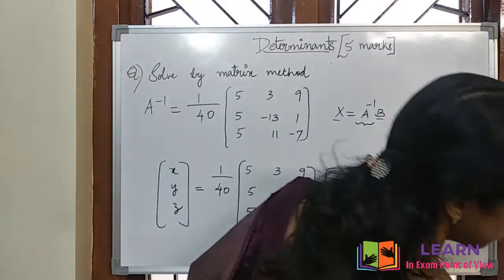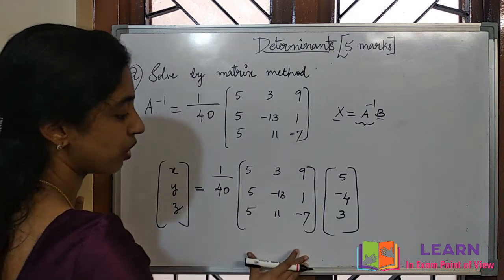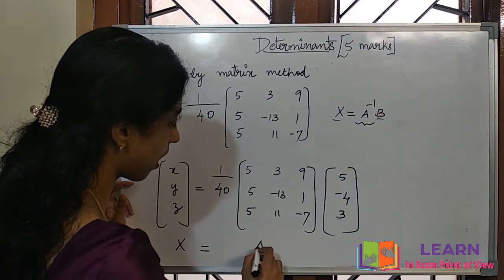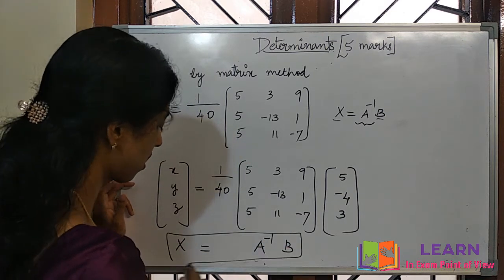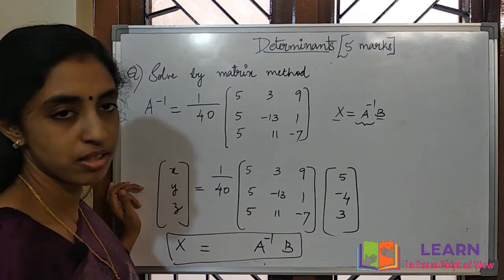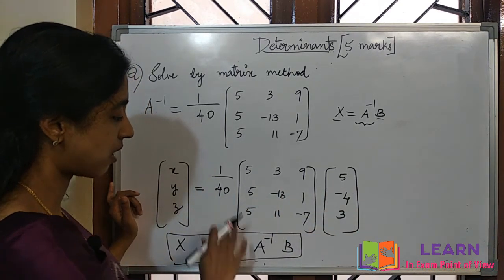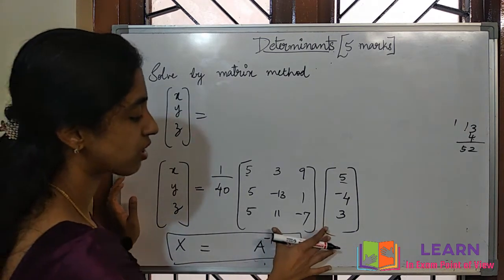This is B. So now this is x equal to the form of A inverse B. Now you need to simplify this to a matrix, that is, just multiply these matrices and divide by 40.